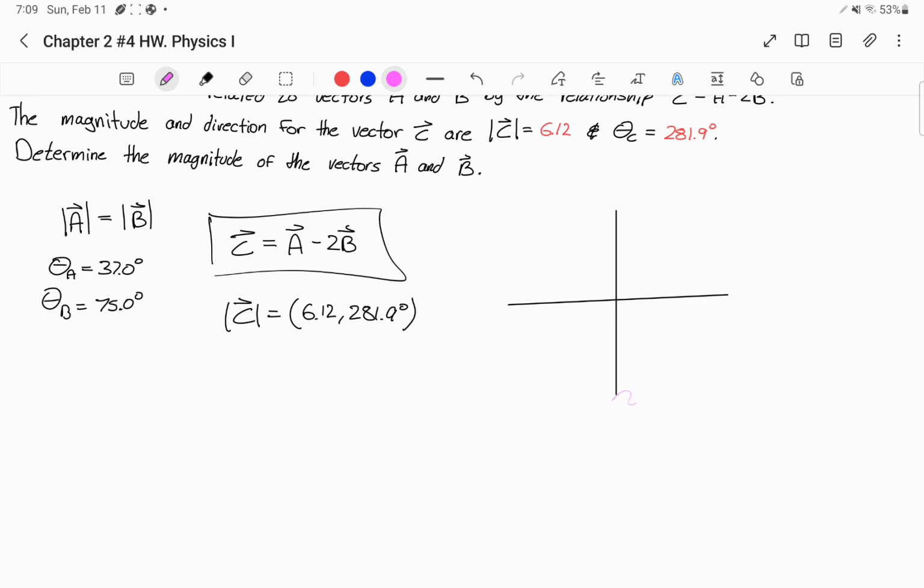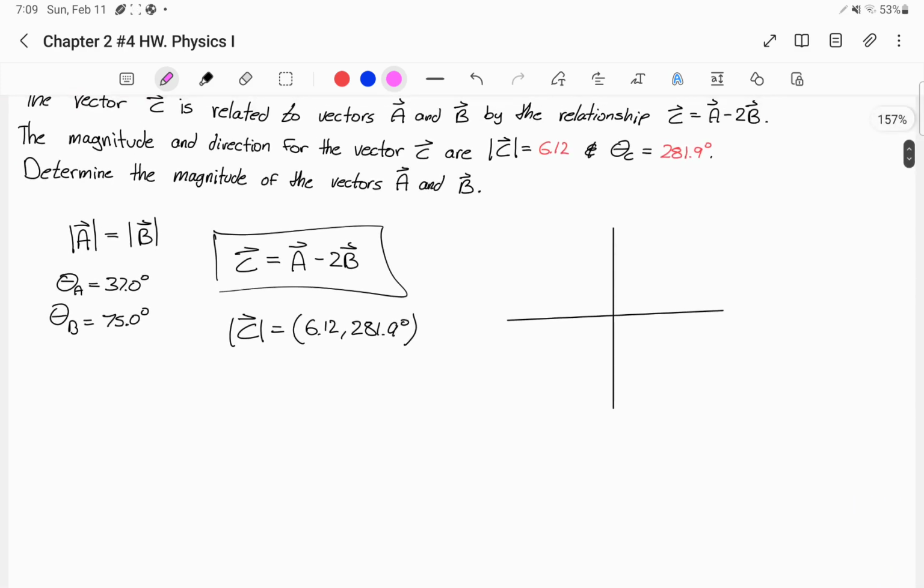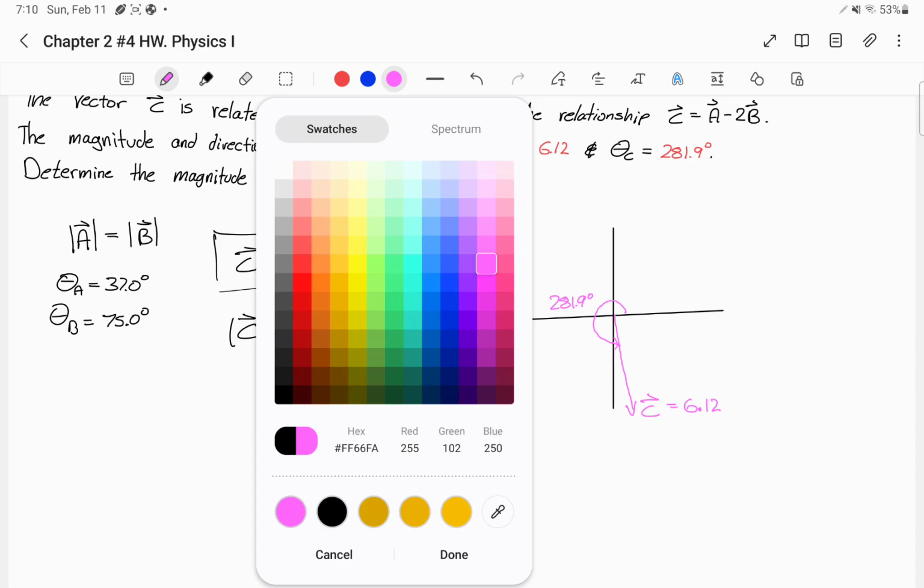So 281 is just a little further more. We're going to assume that all angles are measured in the positive direction, counterclockwise from the x-axis. So that's our vector C with a magnitude of 6.12 and an angle of 281.9 degrees.